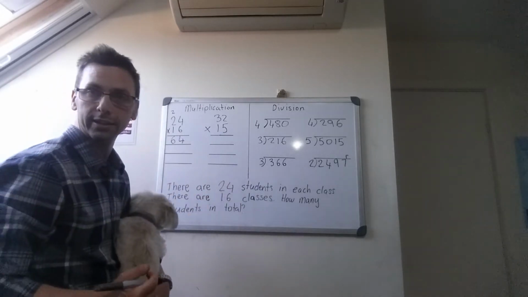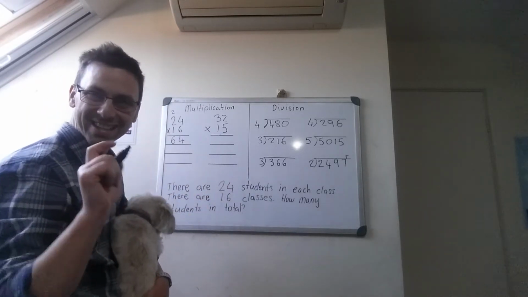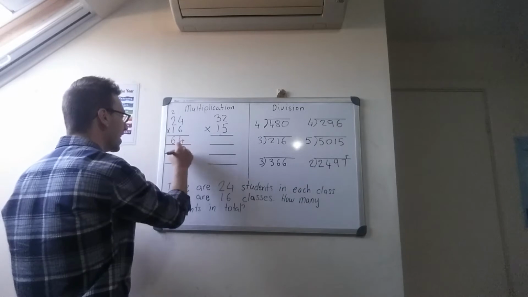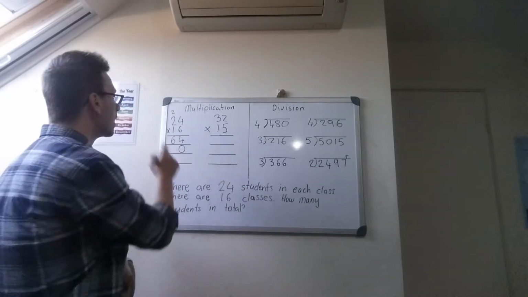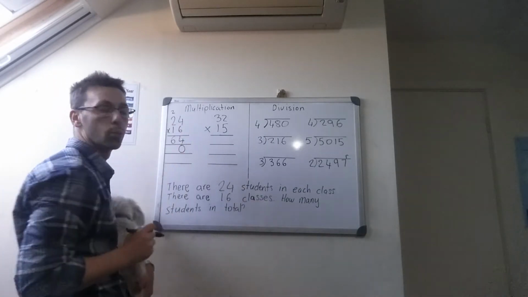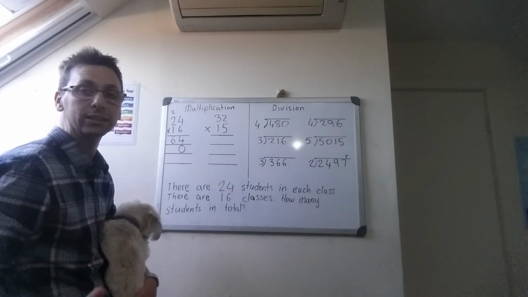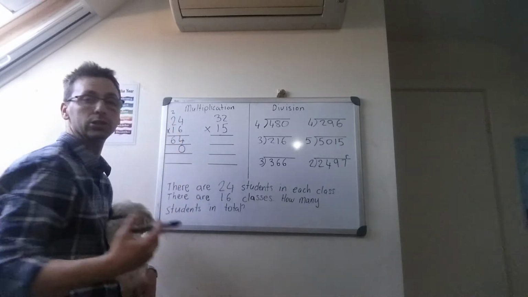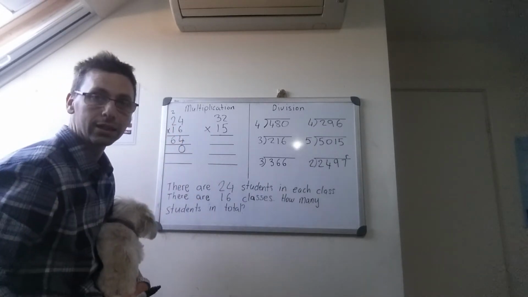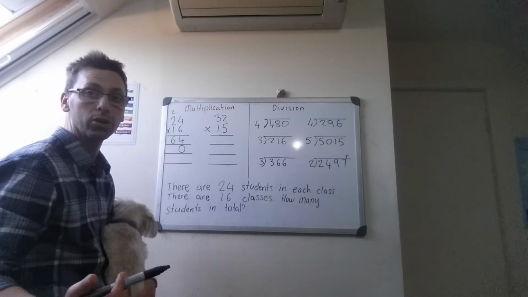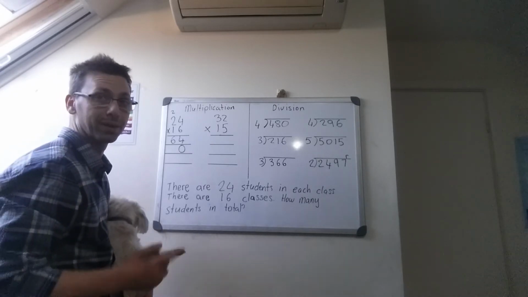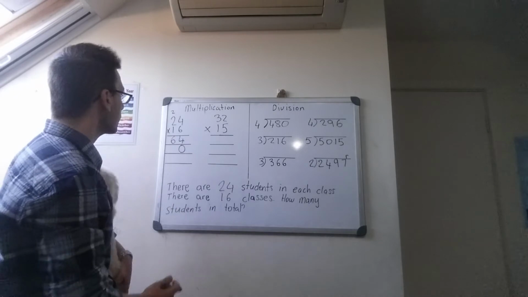What do we have to do next? Carry the 0. Very good. Now, why do we carry the 0? Place value. That 2 is not 2, it is 20. So we carry the 0 and then we just say it's 2 now, but it's actually 20.